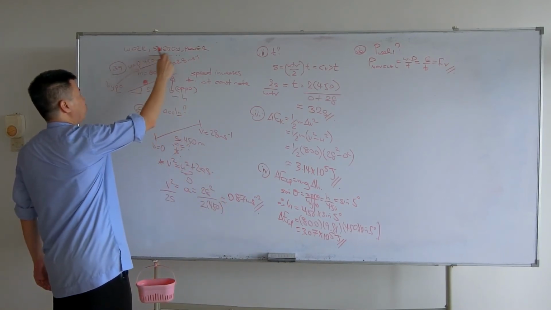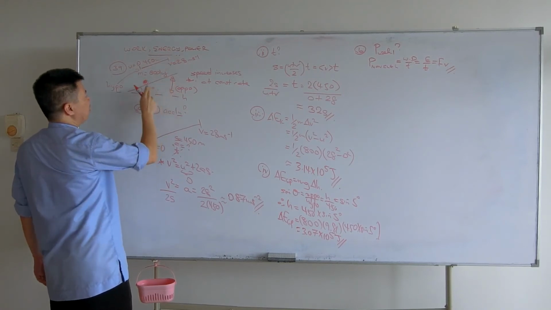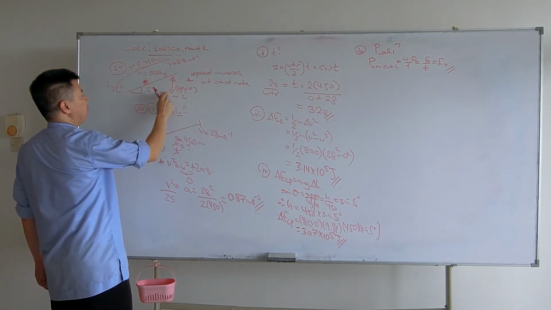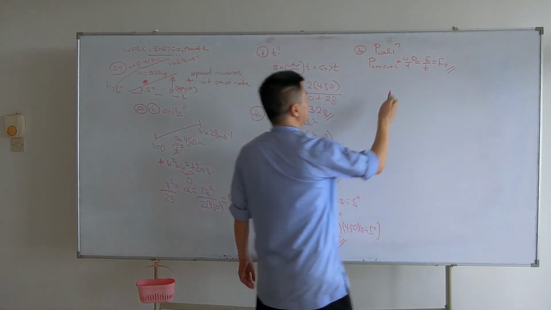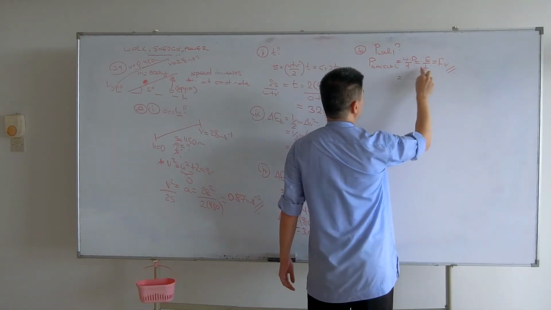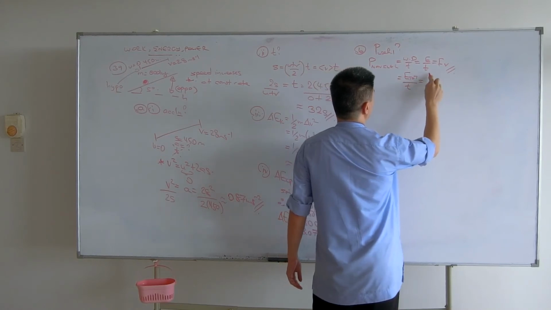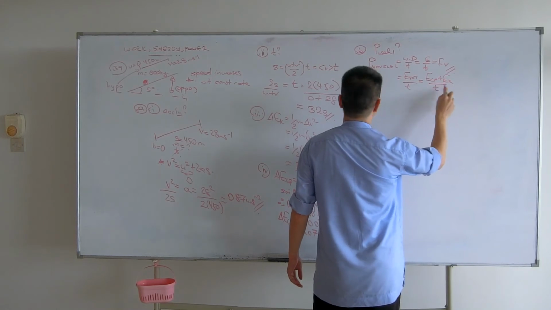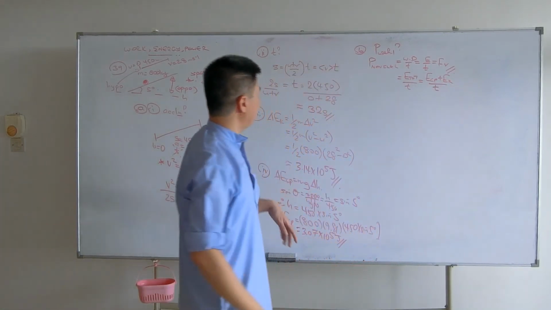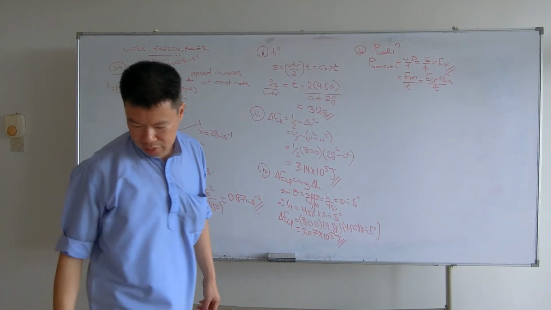From 0 to 28, there is an increase in kinetic energy, but at the same time, you're also going against gravity. So what is your E total equal to? Your E total is your EGP plus your EK, over the time taken. And what is the time taken? You noticed it is 32 seconds.